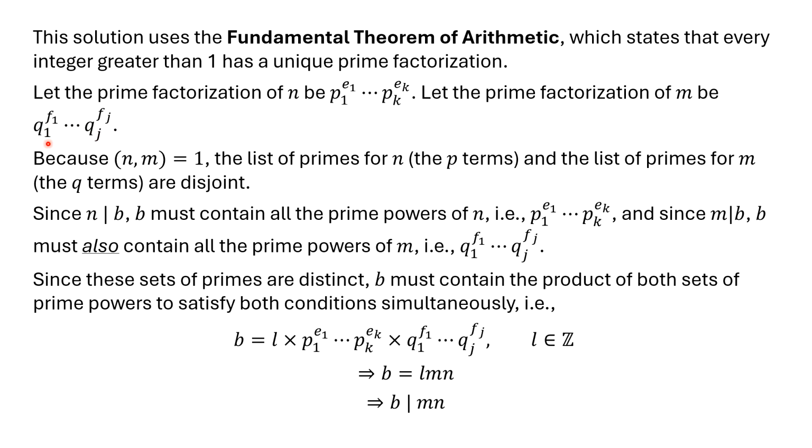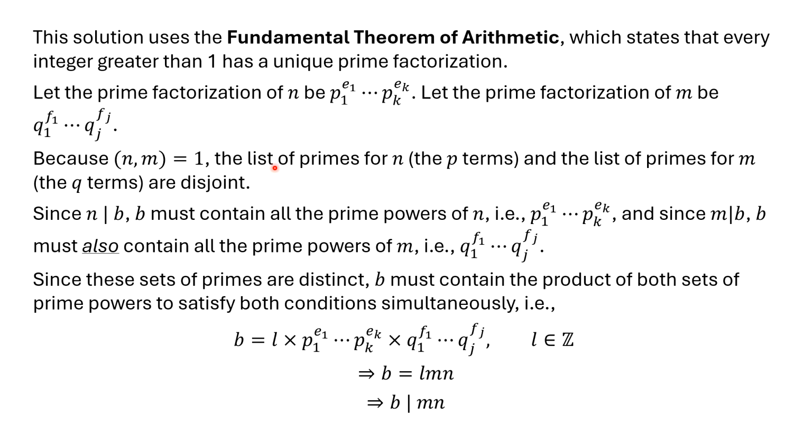the prime numbers to. Since the GCD of m and n is equal to 1, the list of primes for n, p1 up to pk, and the list of primes for m, the q's, are disjoint.